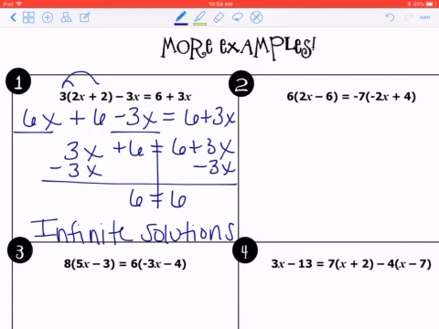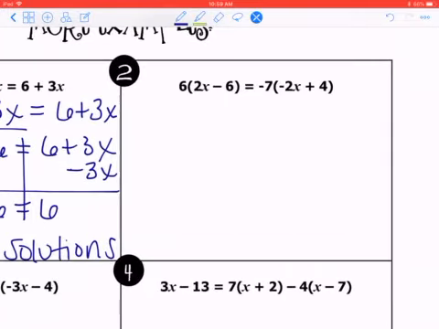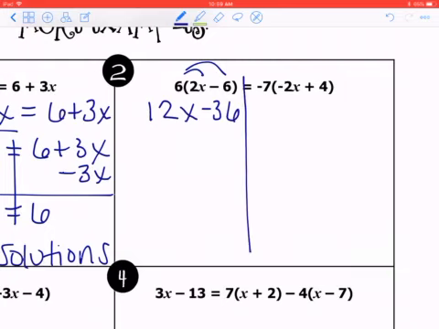Okay, number 2. We have to distribute on both sides of the equal sign, so go ahead and do that. Multiply the 6 in, you'll have 12x subtract 36. Distribute the negative 7: 14x subtract 28.